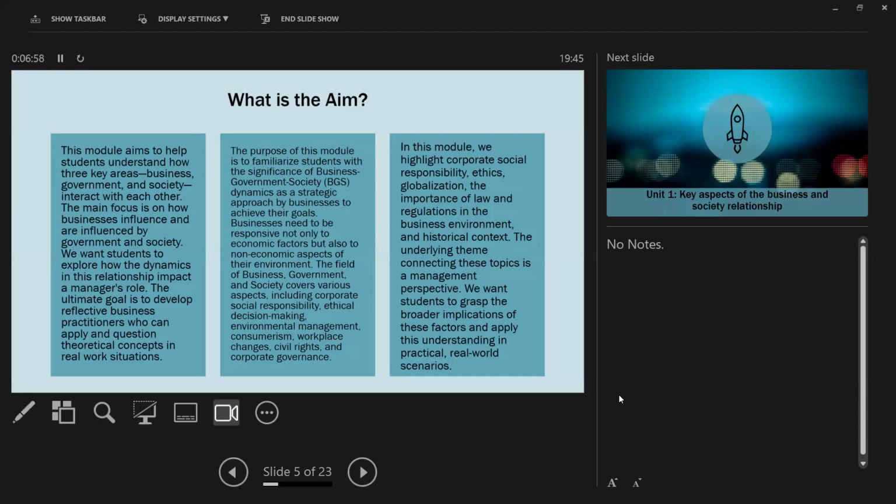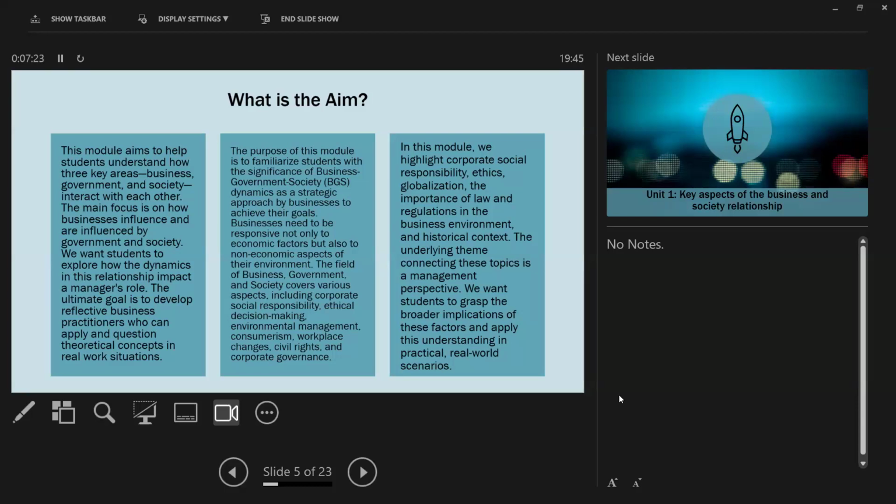The underlying theme generally connects these topics. Let's say management is basically the underlying theme that is connecting all these topics. Because remember, we are talking about corporate social responsibility, ethics, and globalization in relation to a business.